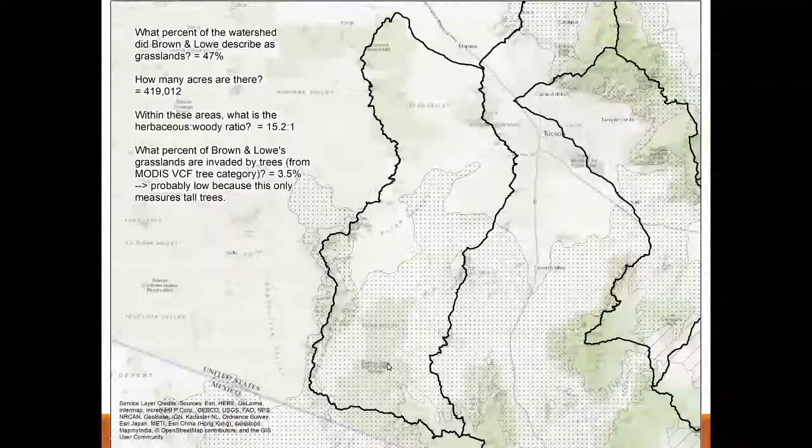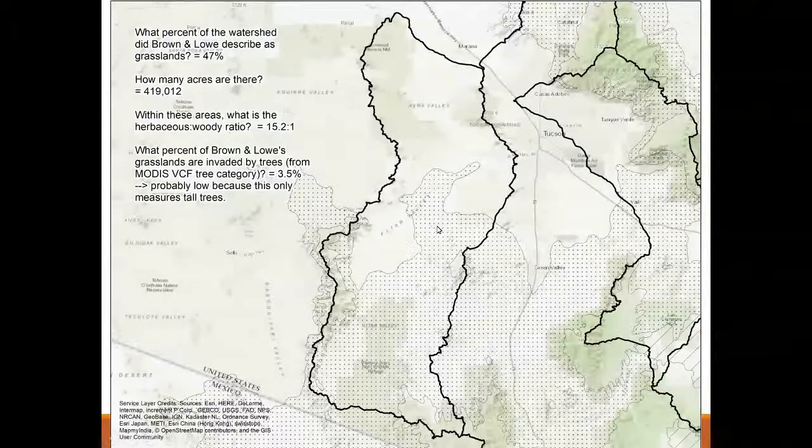That's the closest we could get to understand the woody to herbaceous ratio from remote sensing, using data that was already available. So this is looking at just the percent of this area, the Brown and Lowe grasslands, that has trees from this MODIS data.